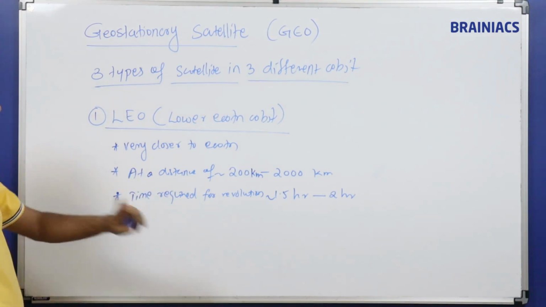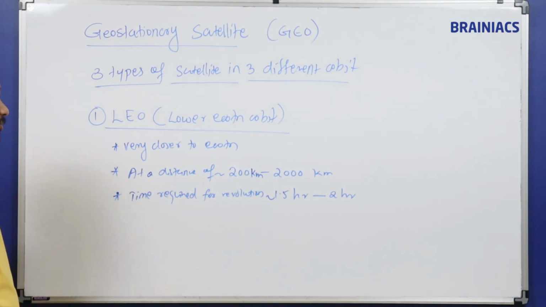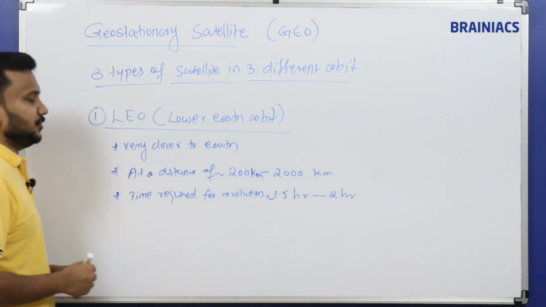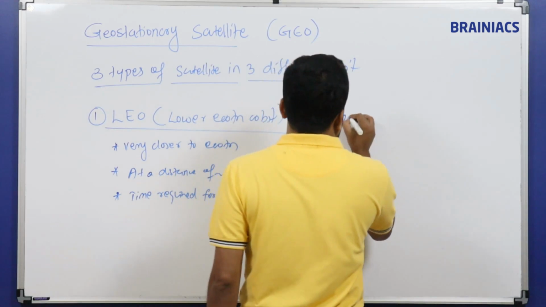The time required to complete one revolution is approximately 1.5 hours to 2 hours. This is just for your information only, and no significant questions will come from it.